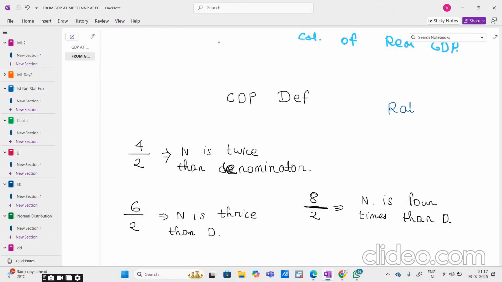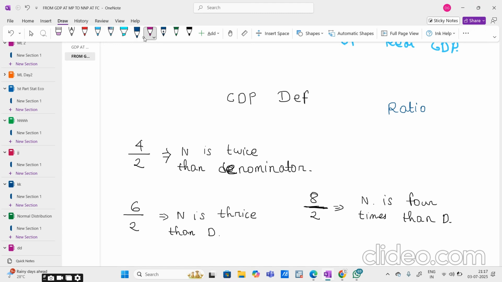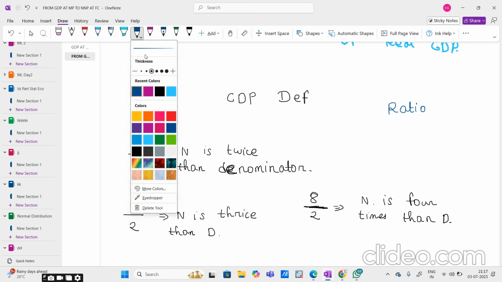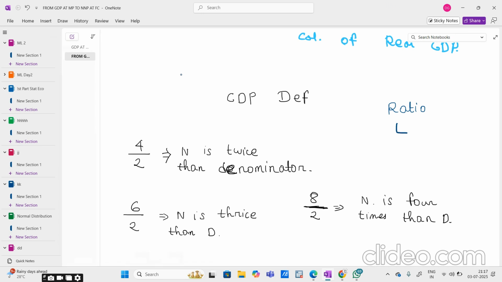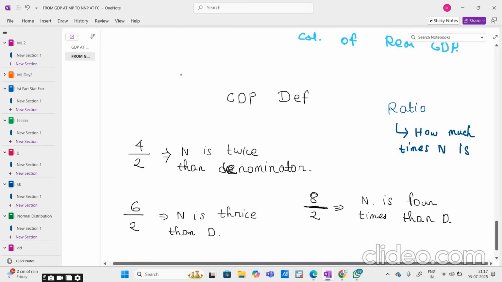So my point is, what does a ratio signify? The answer is very simple: a ratio signifies how many times the numerator is of the denominator.